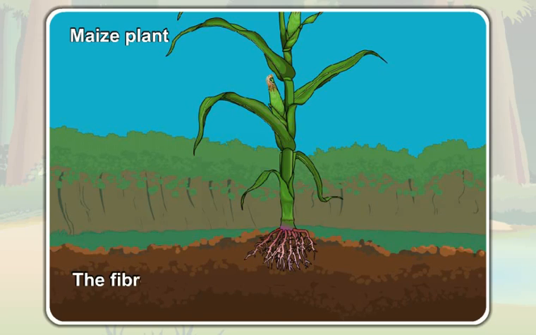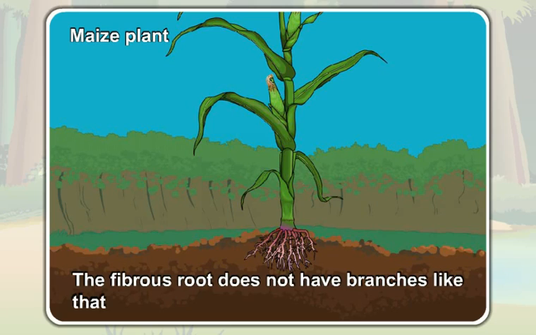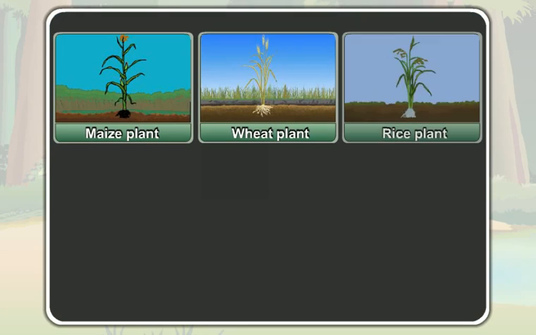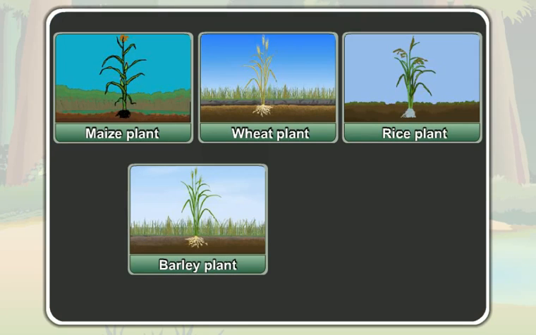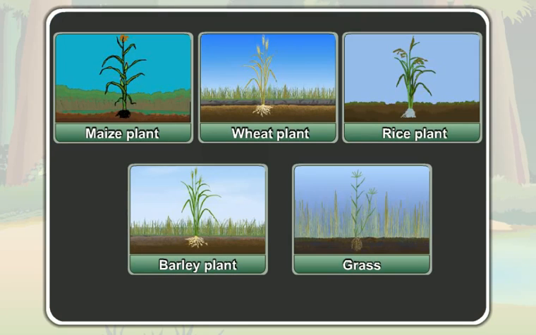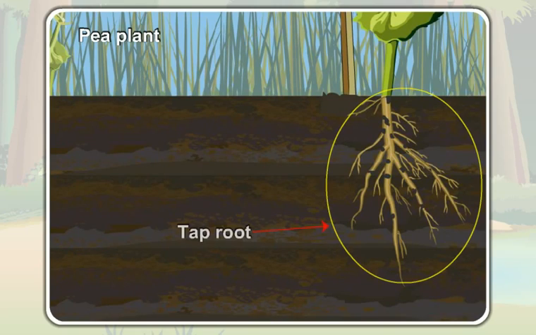The fibrous root does not have branches like that of the tap root. Like a maize plant, a wheat plant, a rice plant, a barley plant, and the grass also have the fibrous root. The tap root grows out of a seed.